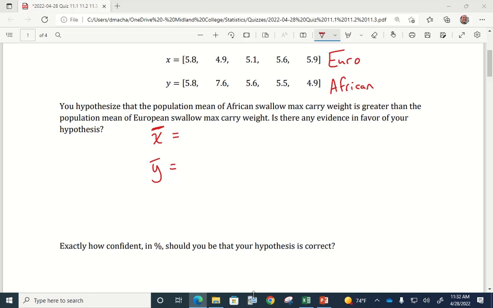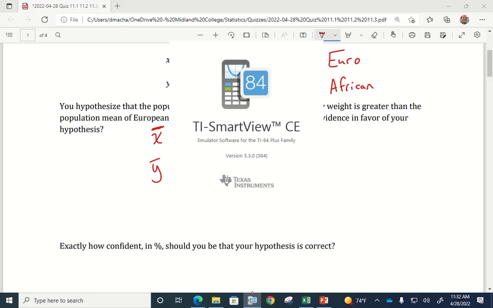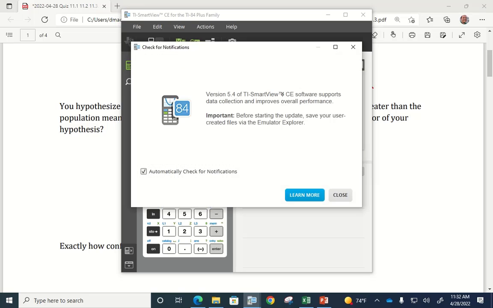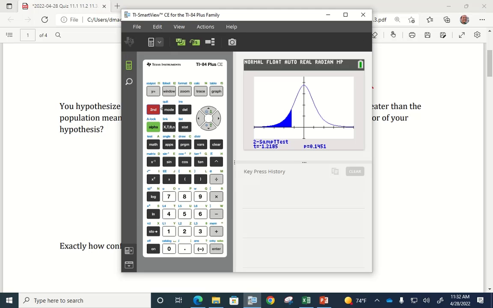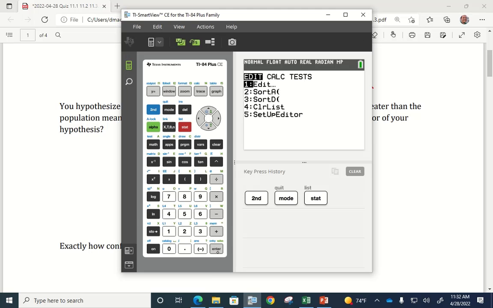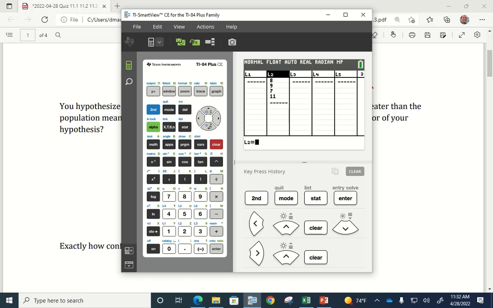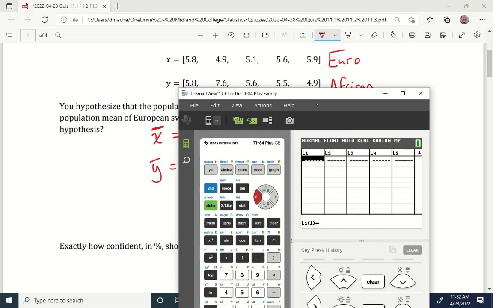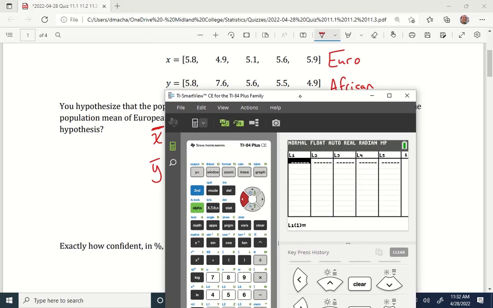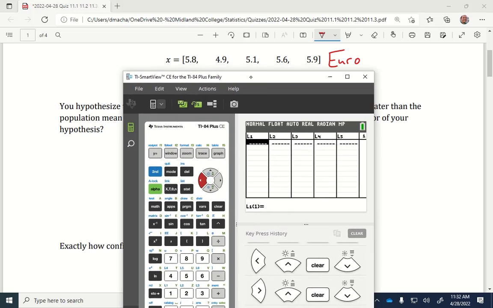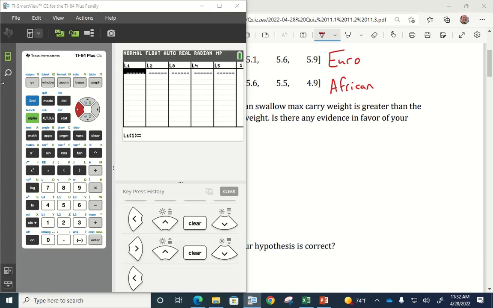I've got to grab our calculator, go to Stat, Edit, and in list 1 I'm going to put 5.8, 4.9, .1, 5.6, and 5.9.